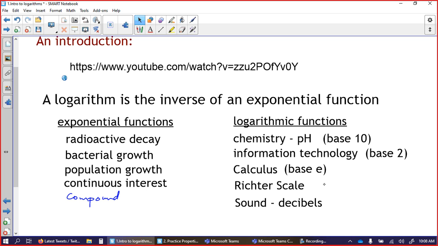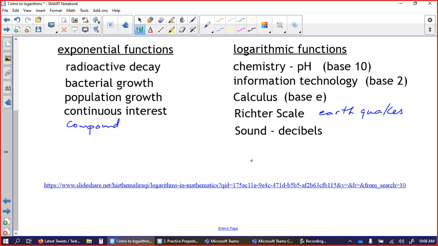The Richter scale for earthquakes is a logarithmic scale. We've seen logarithmic scales recently in all these COVID cases. When you have a logarithmic scale, instead of going up by 1, you have 10, you have 100.